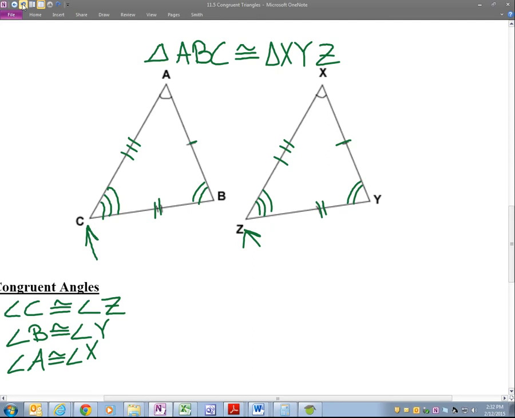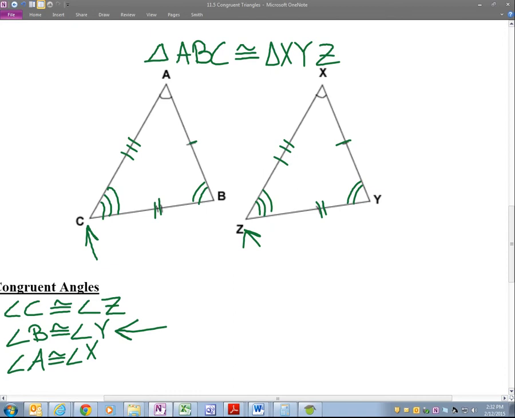B and Y. B and Y is right here. What are the third letters? Barnes, what are the third letters in our names of our triangles here? Did I say last or first? Or last. What are the last letters here in our names?